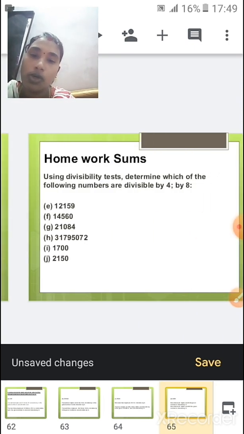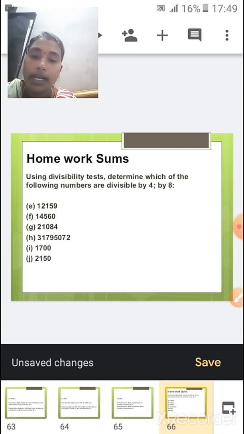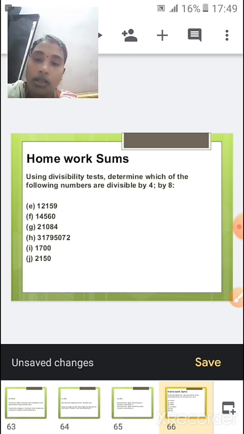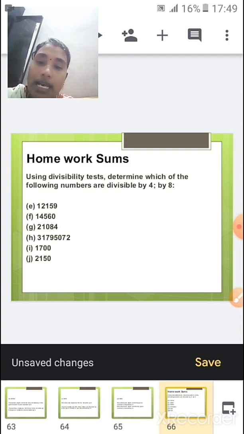So I am going to give you a set of homework sums. That is E, 12,159. F sum you have 14,560. Next you have 21,084. And the last number is a very big number. You have 3 crores 17 lakhs 95,072.